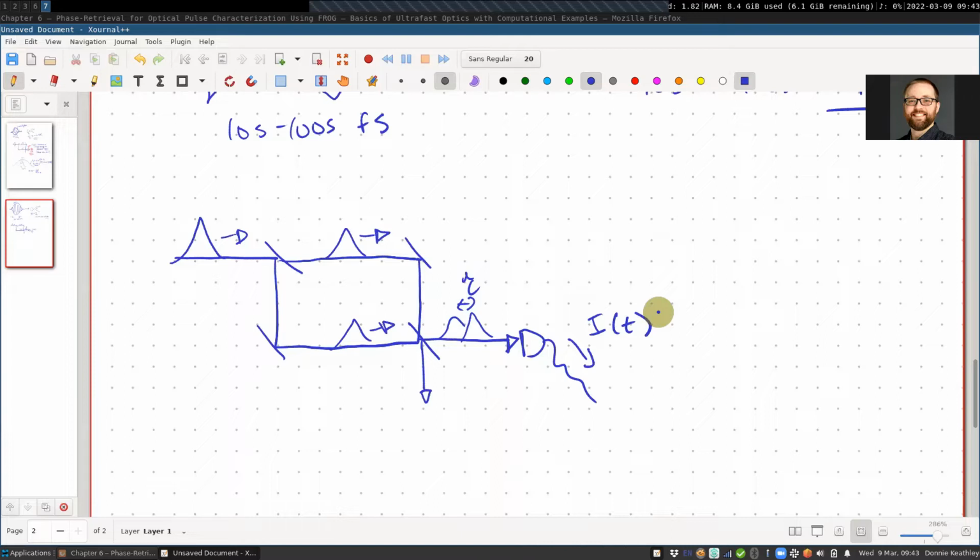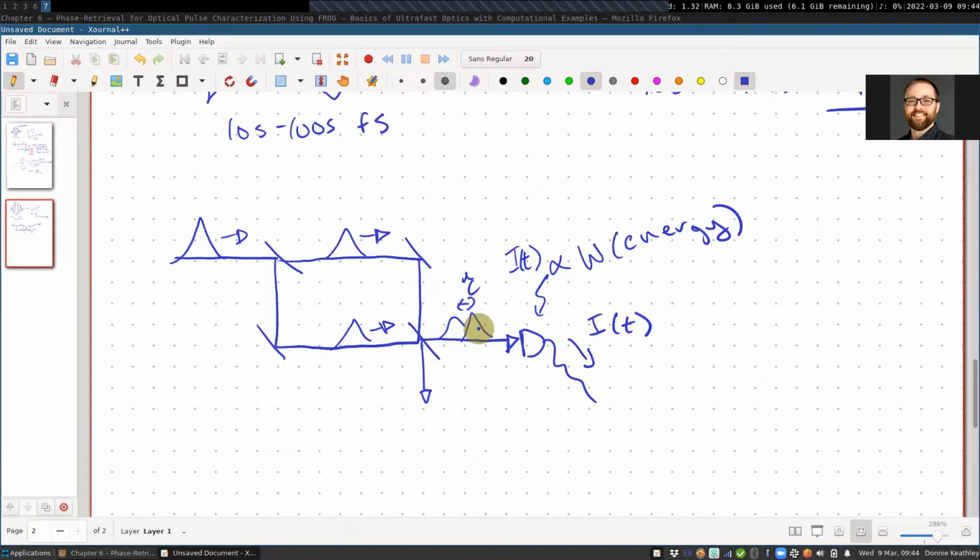But it turns out that even this interference signal, so long as this detector is proportional to the energy, so this detector, so I of t is proportional to the energy W. So if the current is proportional to the energy and you do this interference, it turns out that you can tell when the two fields from each pulse are overlapped, but when you record that interference signal, just because of how the physics work out, that it's a square dependence on the field, all phase information ends up being lost.